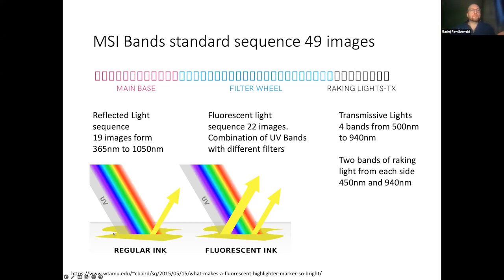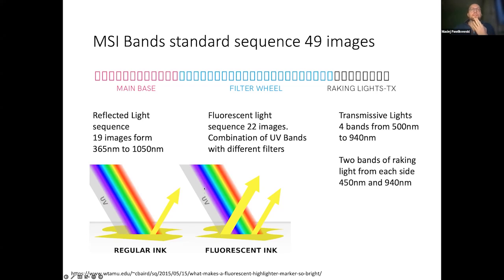I also found a diagram which explains what fluorescence is, because the regular light, as we see it or as we photograph it in a regular camera, is reflected light. So it just comes in, and if the ink is yellow or the page is yellow, then yellow light will reflect, right?